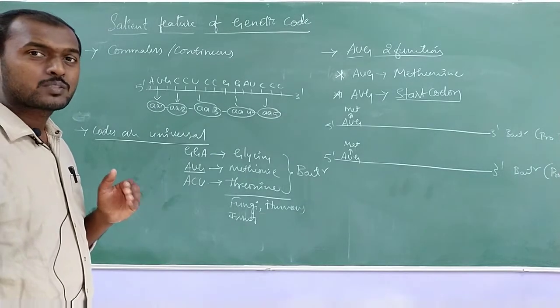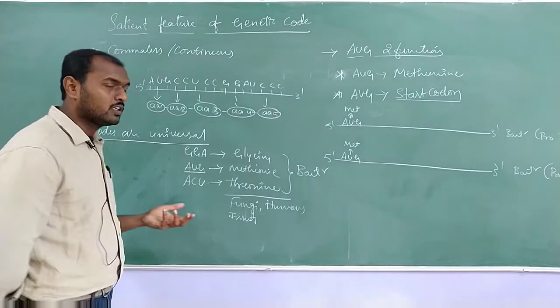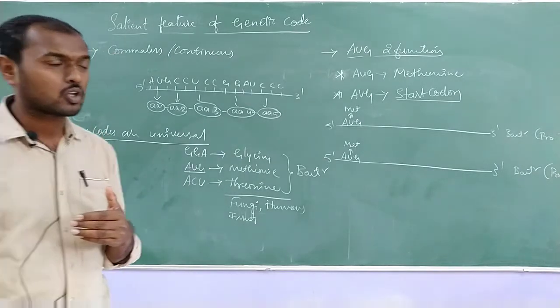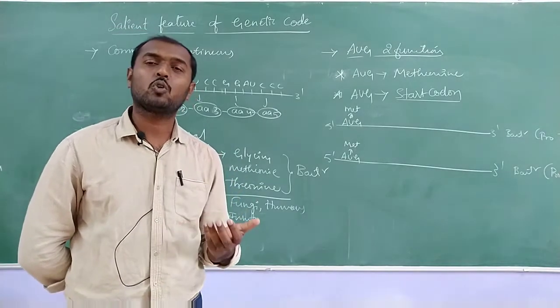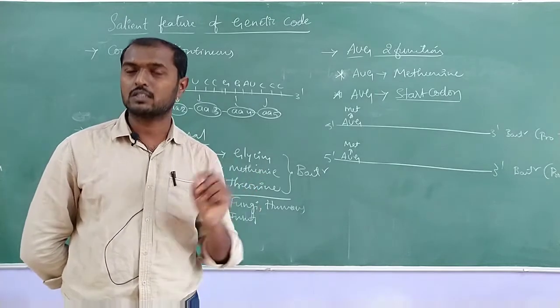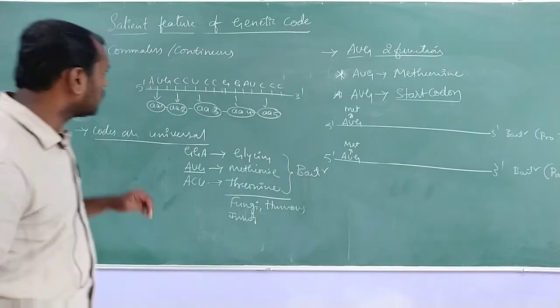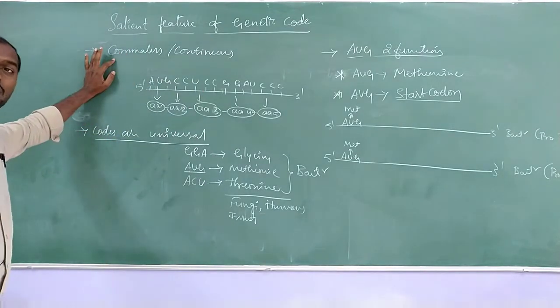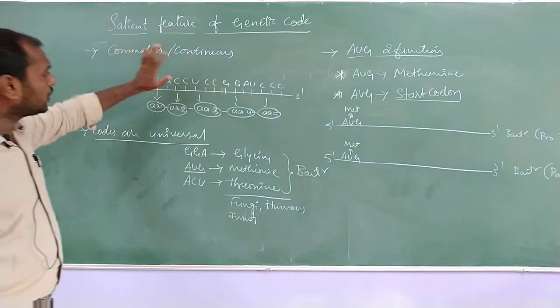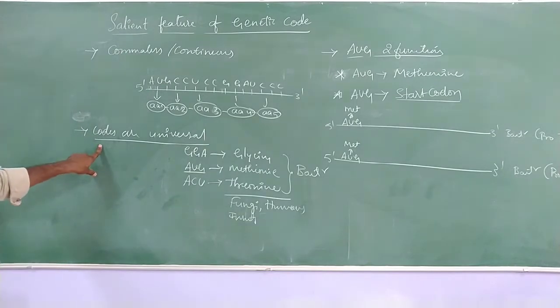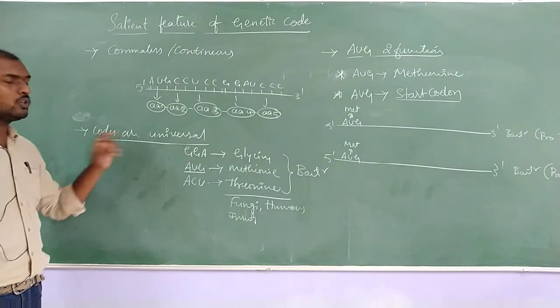And third one, there are many codons which are going to code for one amino acid. That is what we call degenerate. Fourth one, the codons are commaless, they are continuous. And fifth one, the codons are universal.